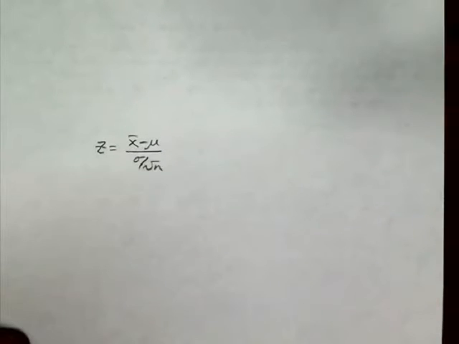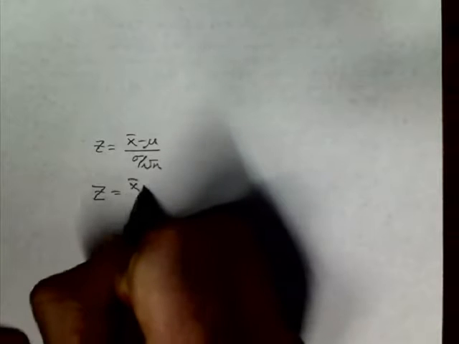The test statistics for testing a mean are as follows: X bar minus mu over sigma over root n, and X bar minus mu over S over root n.